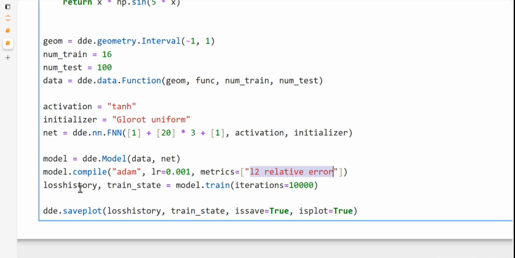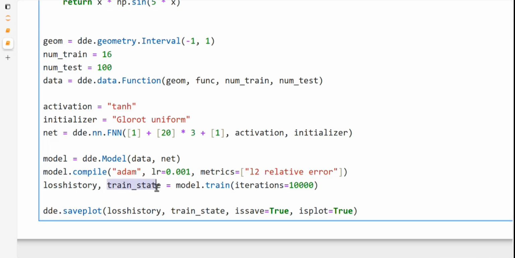In the next line, we have training. We train the model with 10,000 iterations. It gives as output a loss history. We will see in future that this loss history will contain the partial differential equation, initial and boundary conditions.